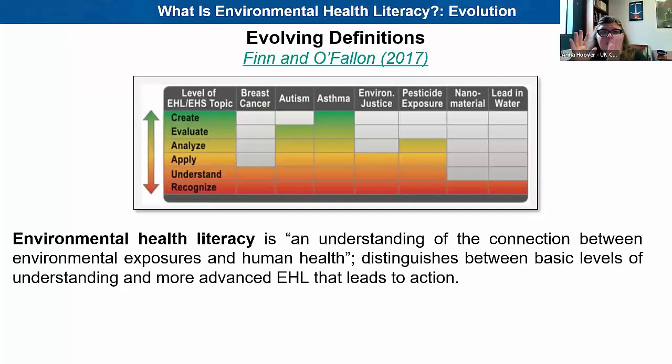So Finn and O'Fallon in this watershed paper in 2017 say, okay, if we're thinking about environmental health literacy within an educational framework, an individual educational framework, let's use Bloom's taxonomy and recognize that for every problem, you don't have to go all the way up to create, right? Sometimes all you need to know is this is a dangerous thing, avoid it.